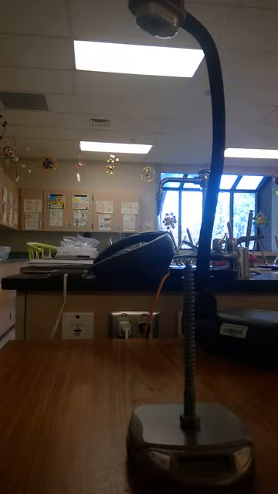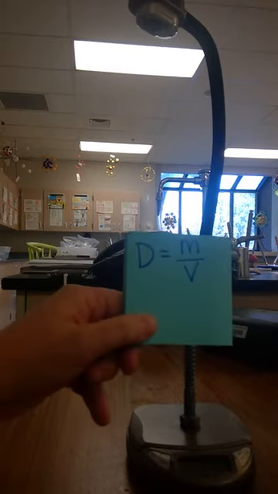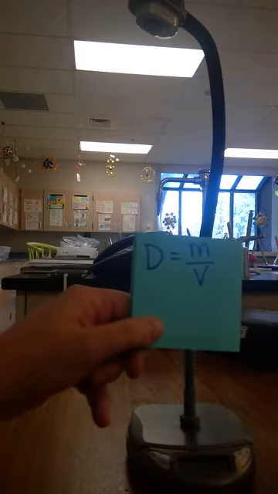Don't forget, as you're looking at solving for the volume, remember that in order to find density, D stands for density, and density is equal to mass divided by volume. Okay, so density is equal to mass divided by volume.